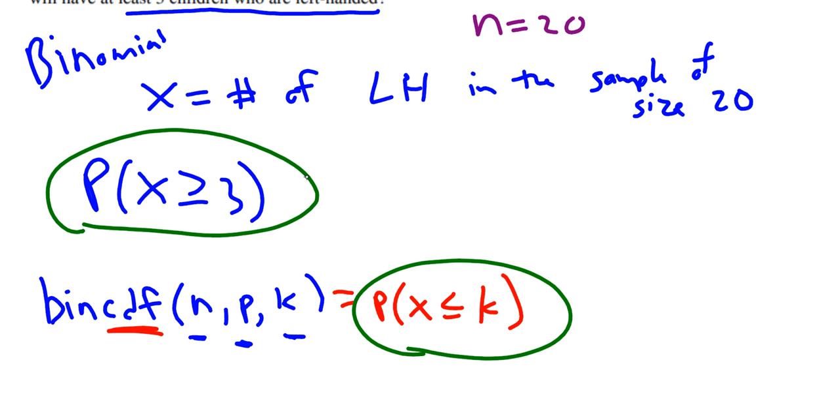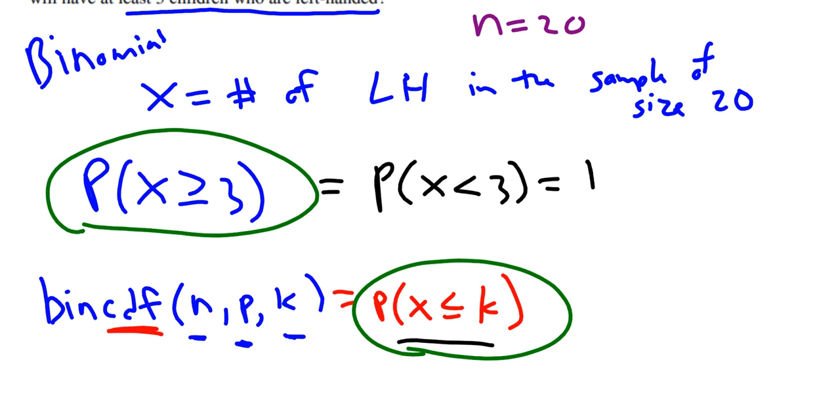We can do that by asking, what's the opposite event of having 3 or more people be left-handed? Well, the opposite event would be the probability that x is less than 3. Now, the calculator won't do that for us. It only does less than or equal to. So we want to change this to 1 minus the probability x is less than or equal to 2.